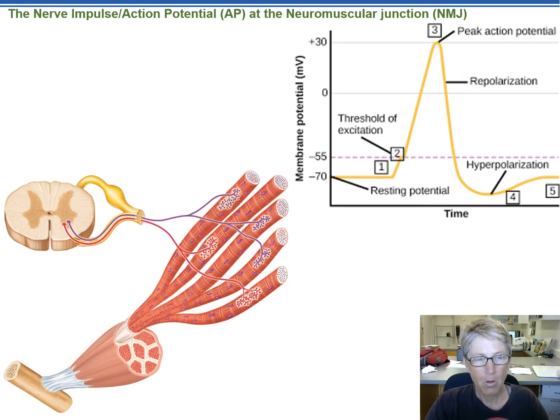So this cartoon shows what we went over in the last video. This is a cross-section of the spinal cord, and these are two motor neurons, a red motor neuron and a purple motor neuron, and they leave the spinal cord and travel in this cut structure called a spinal nerve.